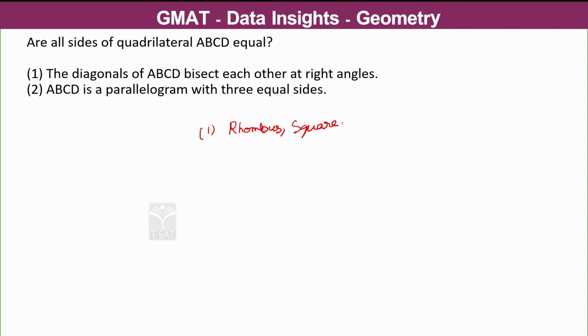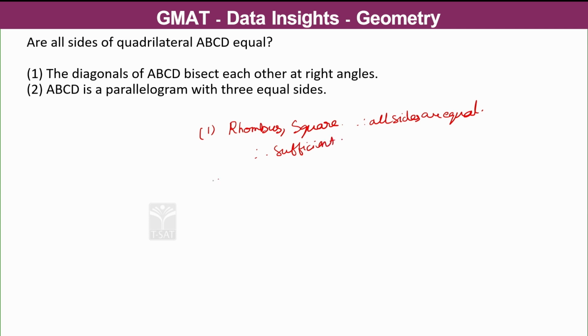Only in a rhombus and a square do the diagonals bisect each other at right angles. Both these figures have all sides equal. So, you can definitely say that yes, all sides are equal. Therefore, statement 1 is sufficient to answer the question.